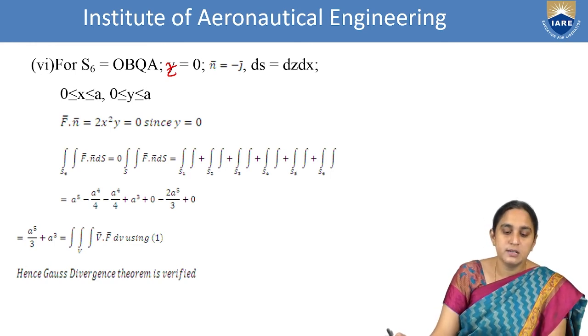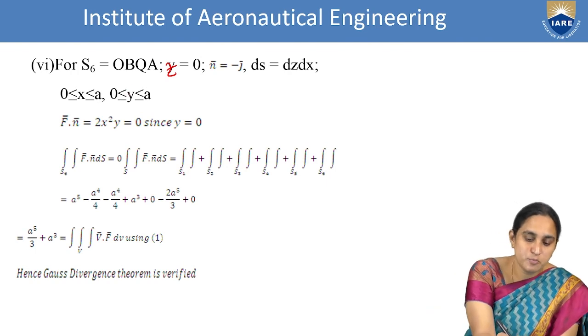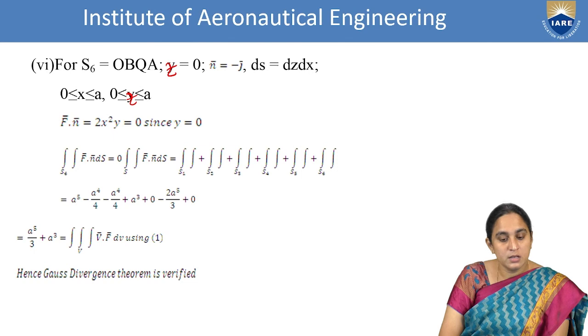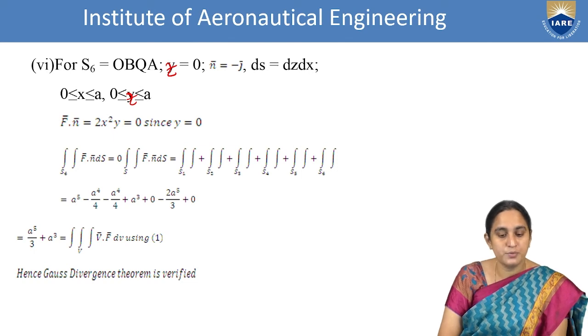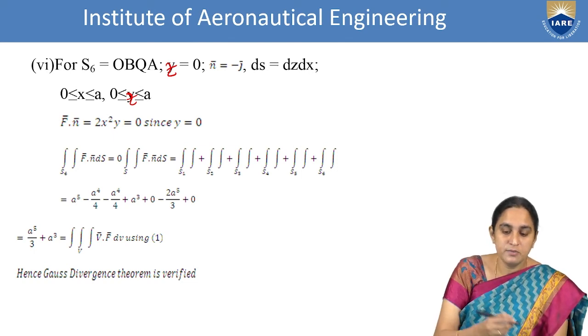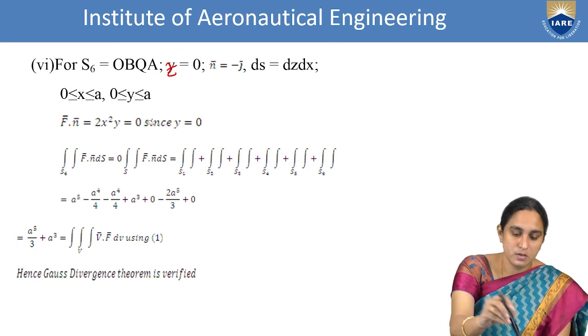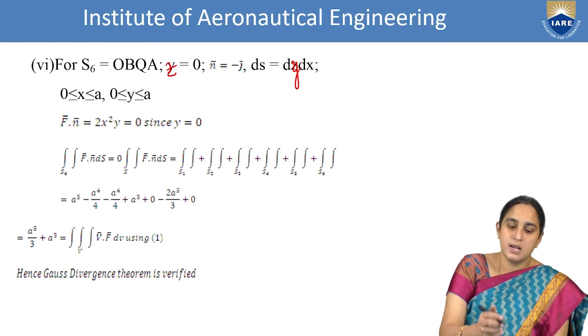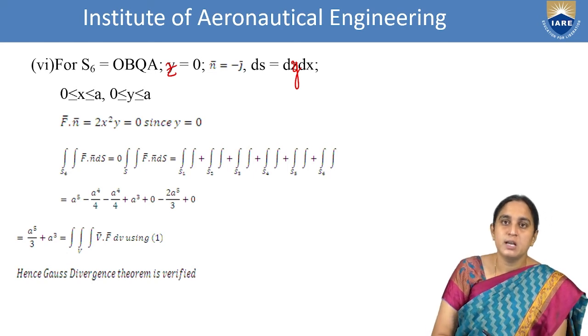For that case, z limit points are 0 to a and x limit points 0 to a. Here z is 0 and dy dx, ds is equal to dy dx, n bar is equal to minus j bar, and x limit points are 0 to a and y limit points 0 to a.